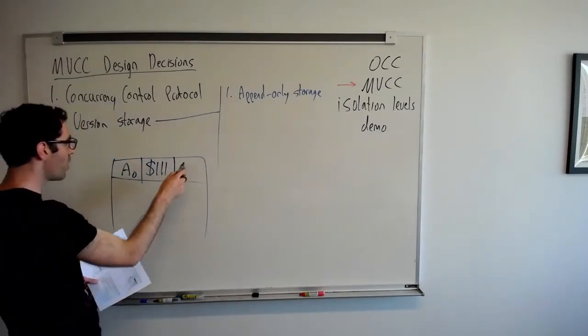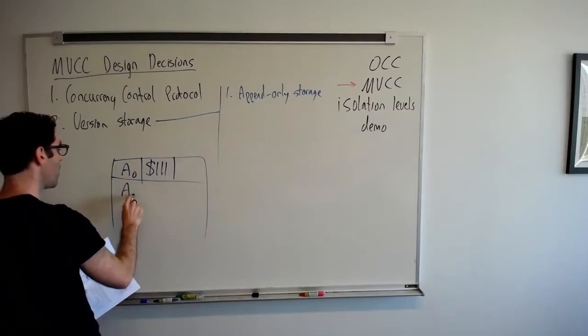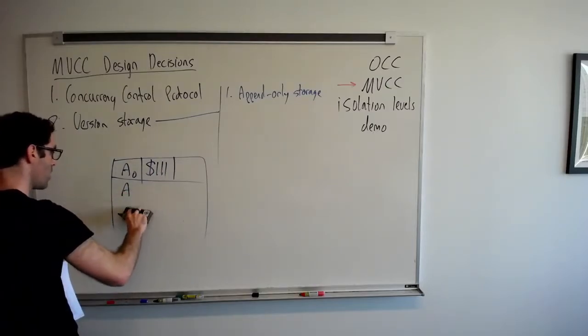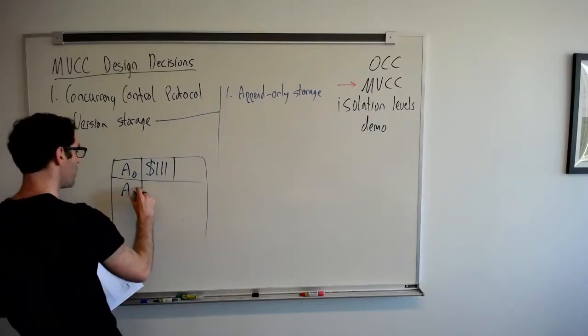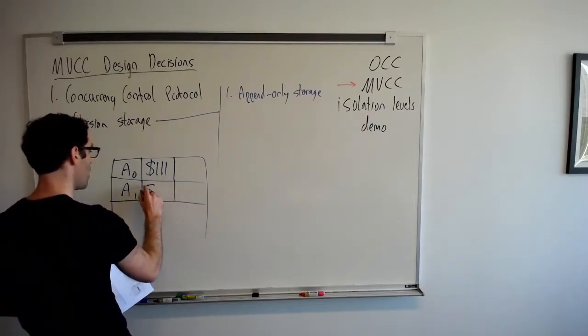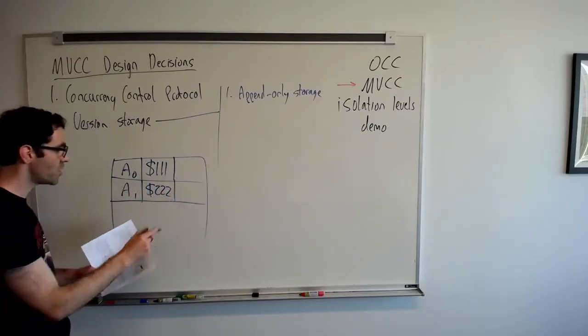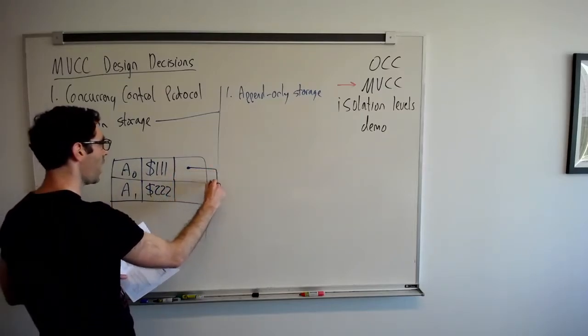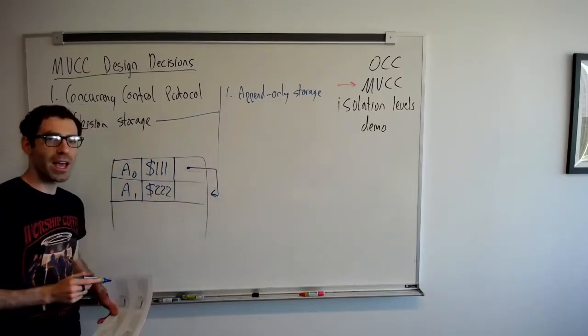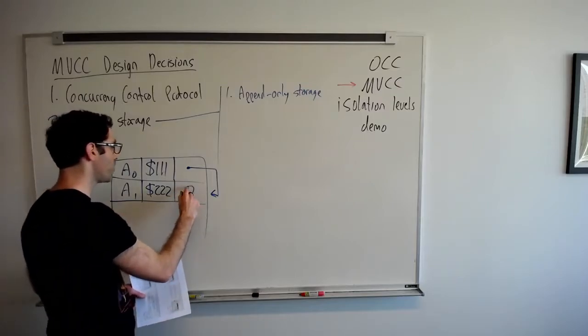So A0 is 111, A1 is 222, and A0 has a pointer to find A1.